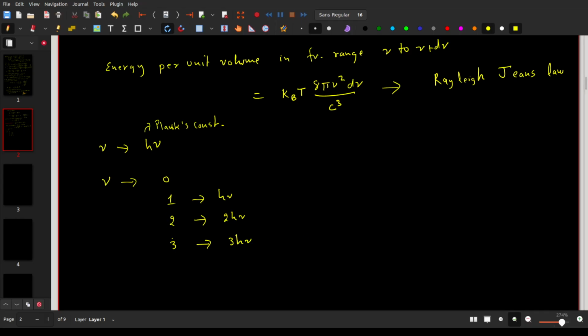These quantas of light are now known as photons, but his idea was that at each frequency nu, energy comes in quantas. We can have either 1 quanta of light, 2 quantas of light, or 3 quantas of light, and each quanta contributes an energy h nu.